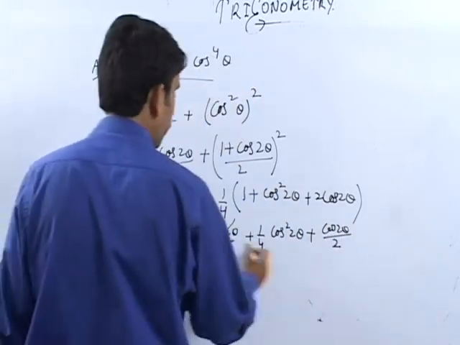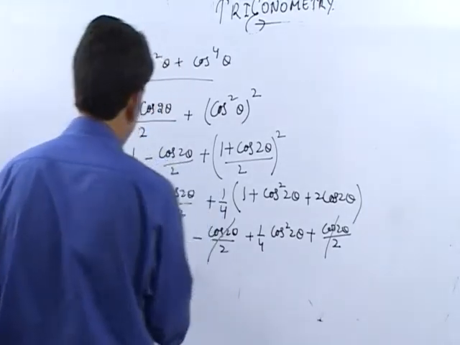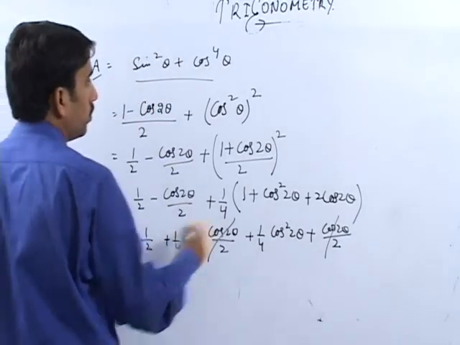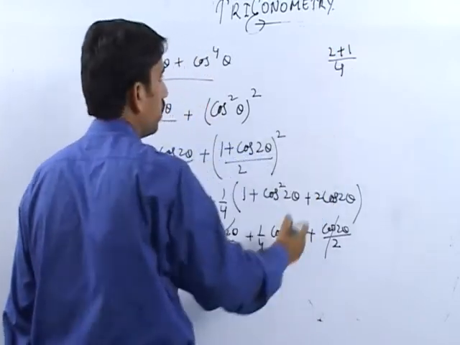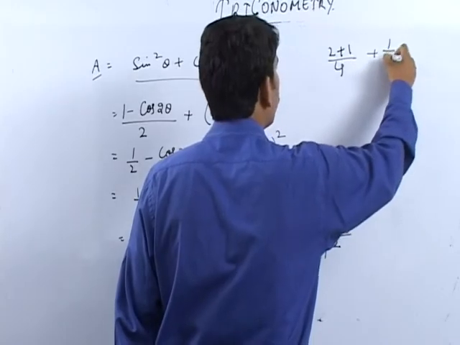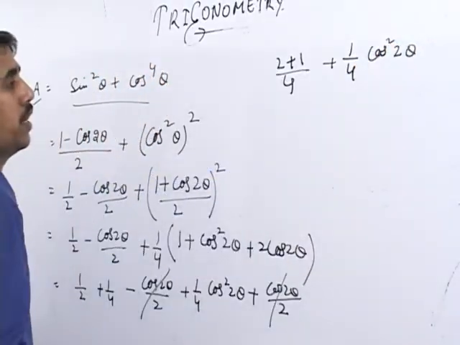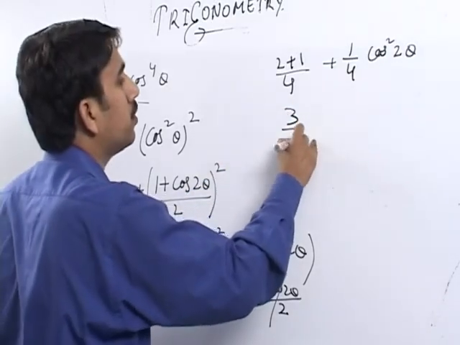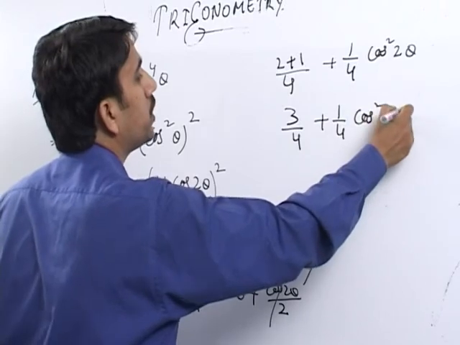Now this will be cancelled out, and ultimately you will be left with 1 by 4 plus 1 by 2, and when you add this you will get 3 by 4 plus 1 by 4 cos square 2 theta.